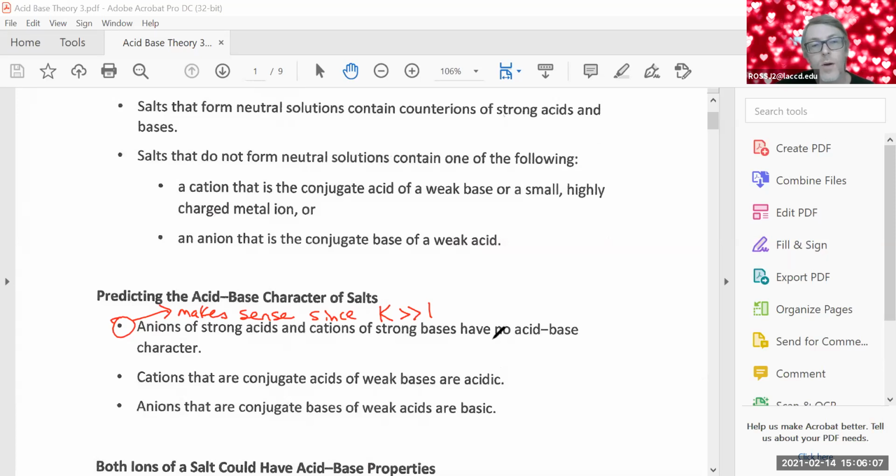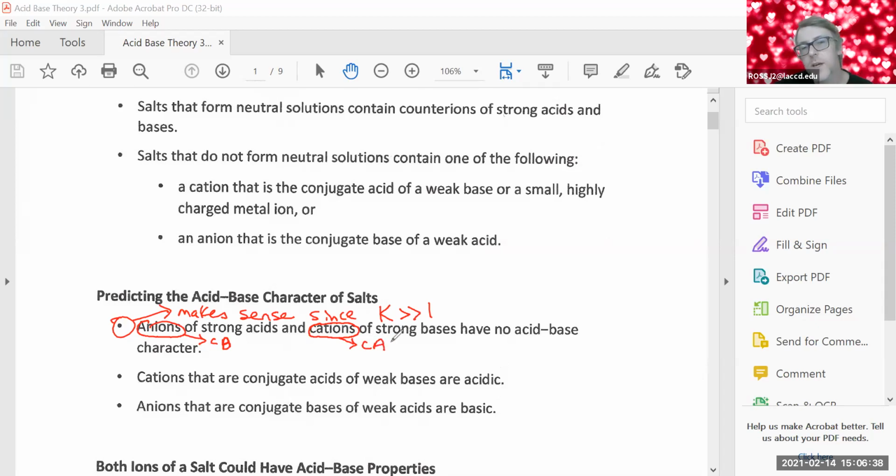Now, why would that mean anything? Well, it says the anions, here the anions would be conjugate acids. Oh, sorry, this would be the conjugate base, right? So the anion of a strong acid is the conjugate base. And the cations of strong bases, these would be conjugate acids.